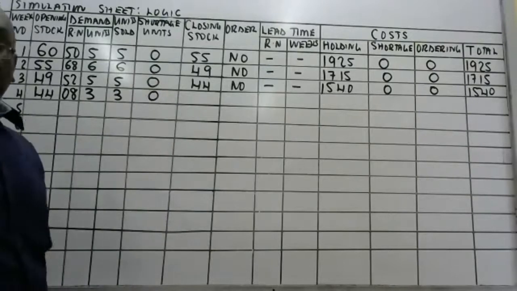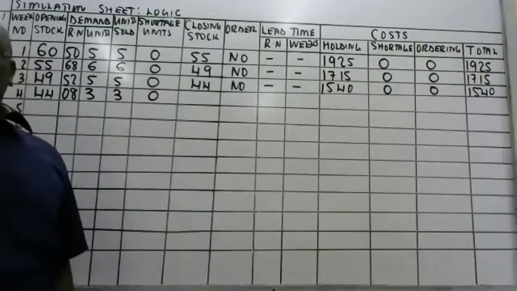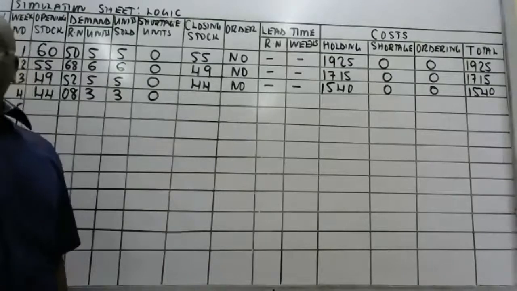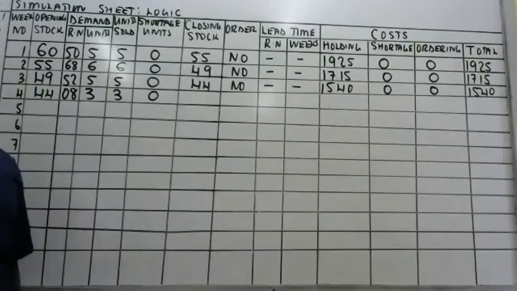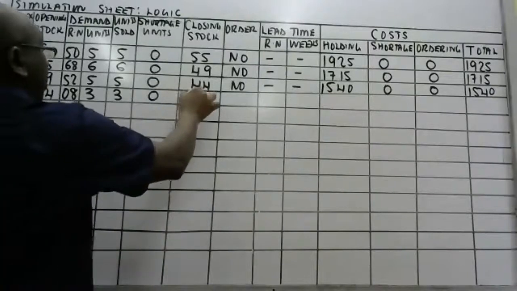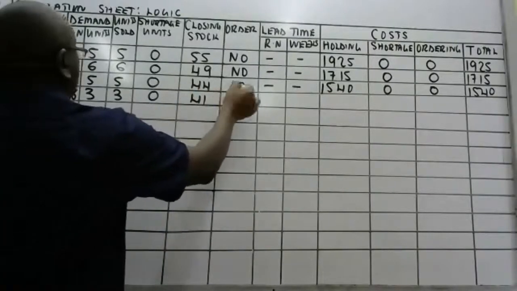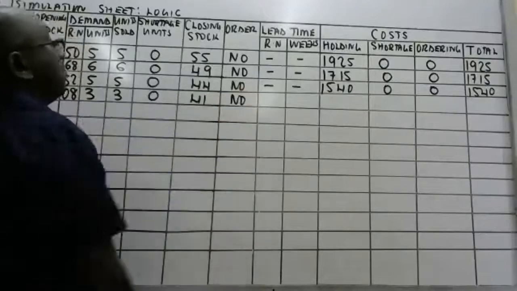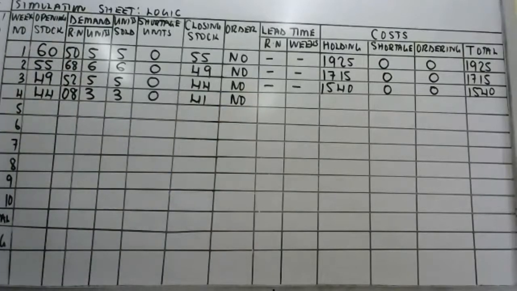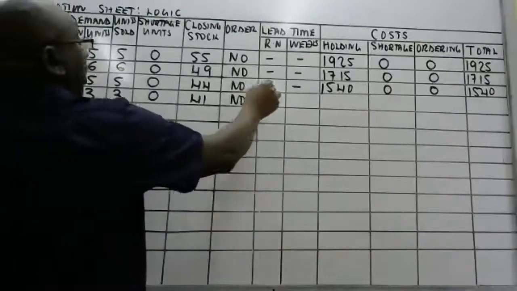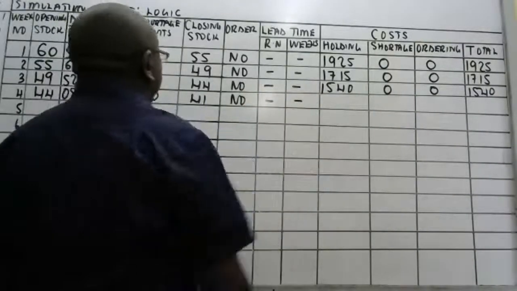So the closing stock now will be how many units? The closing stock, yeah, good. I have 3 or 4 people who have given the answer, good. 41. Do we place the order? No, we don't place the order. We are not yet below. So nothing here in the lead time.